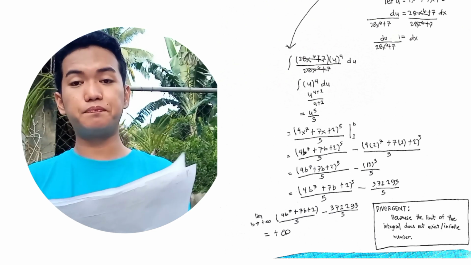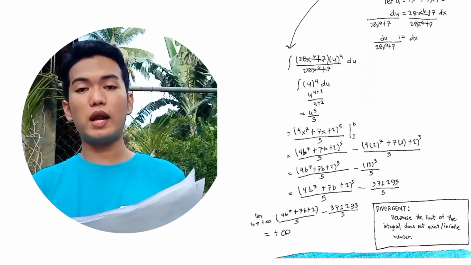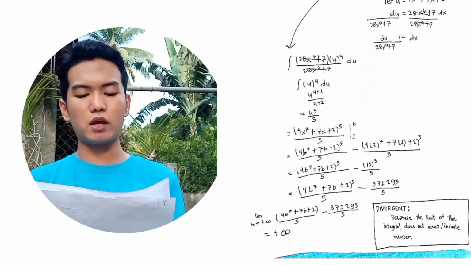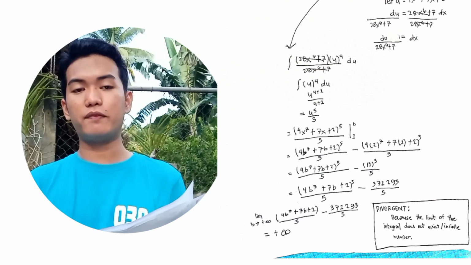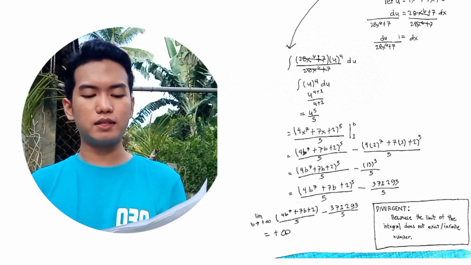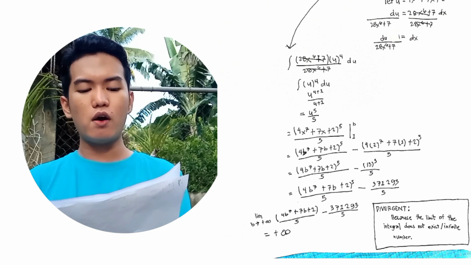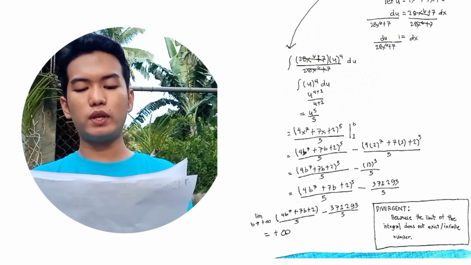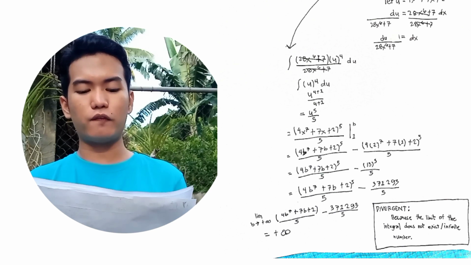Then again we have to evaluate the lower limit and the upper limit. Before that, we have to substitute back the value of u. So we have 4x to the power of 7 plus 7x plus 2, to the power of 5, over 5, with the lower limit of 1 and the upper limit of b.